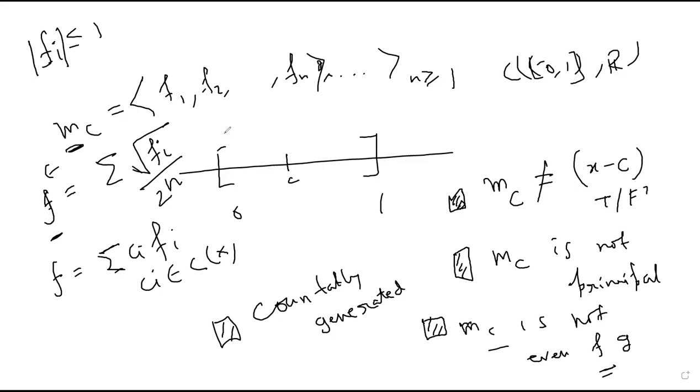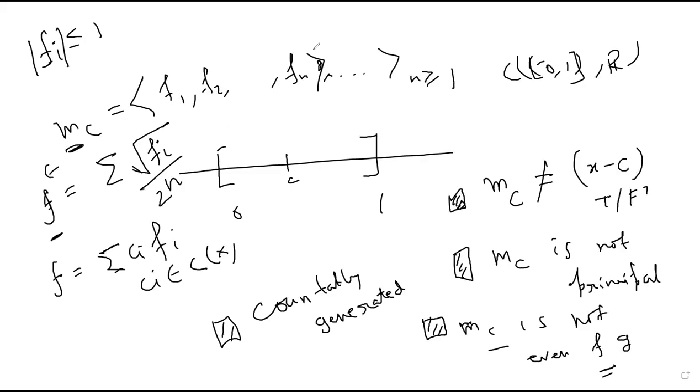Here you can just take the modulus. Why am I defining it like this? Because if mod fi is less than or equal to 1, then this will have a uniform bound, 1 by 2 to the power n. And then by the Weierstrass M test, this f will give a continuous function. A priori it's not clear that if the fi's are continuous, then the summation of mod fi by 2 to the power n gives a continuous function.